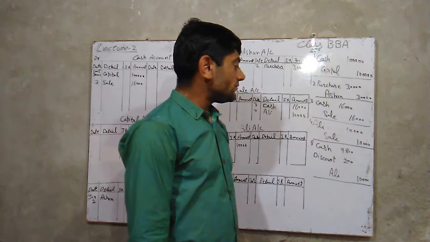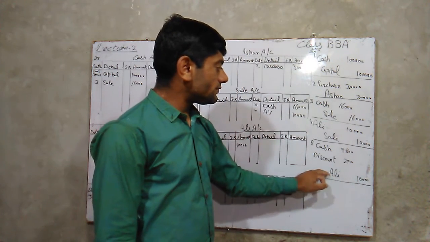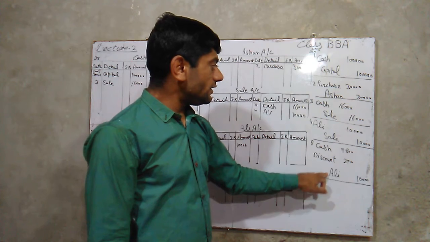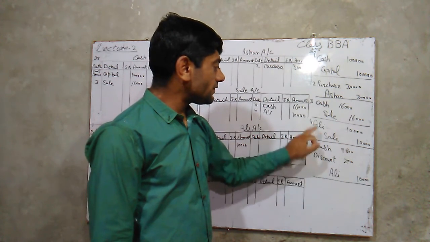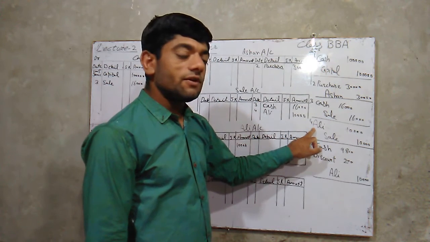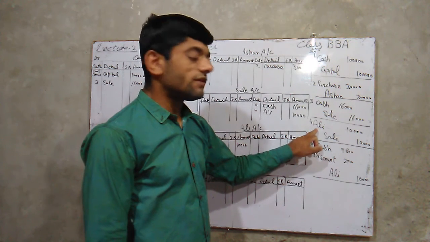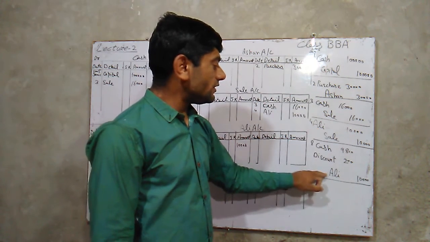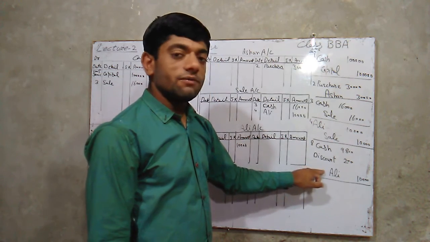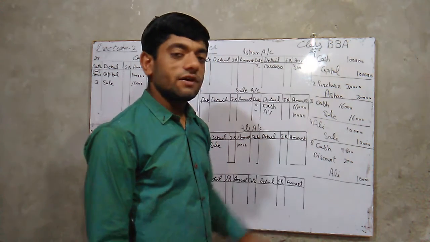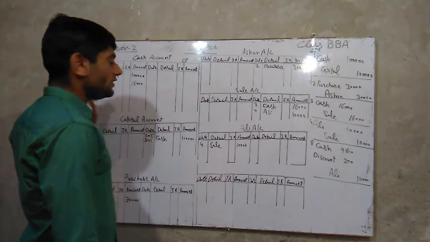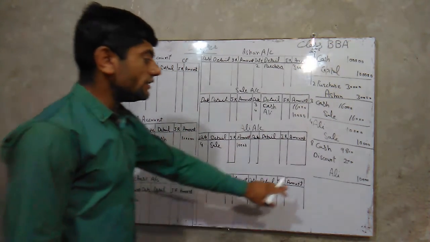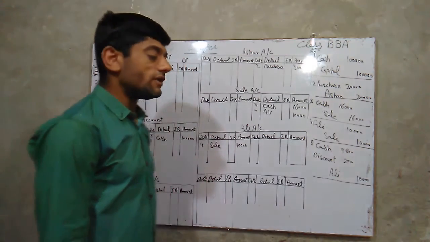So cash increases and Ali is credit, because Ali was receivable, our asset. Now it has decreased because we received the amount from him, and cash is our asset. So cash increases due to Ali, meaning accounts receivable decrease because we received a payment.